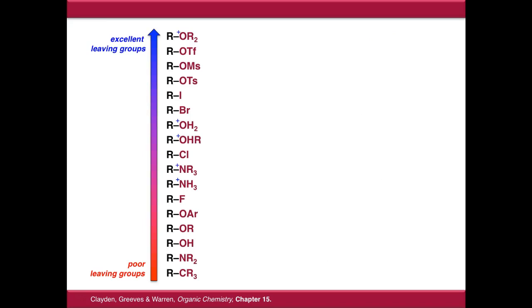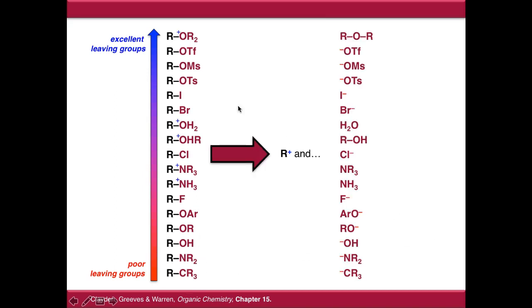Now if we look at some examples of leaving groups here, I've ordered them by their leaving group ability. So these species up here are excellent leaving groups, these ones down here are very poor leaving groups. Now if we break the R leaving group bond, we end up with a carbocation R and these species over here.